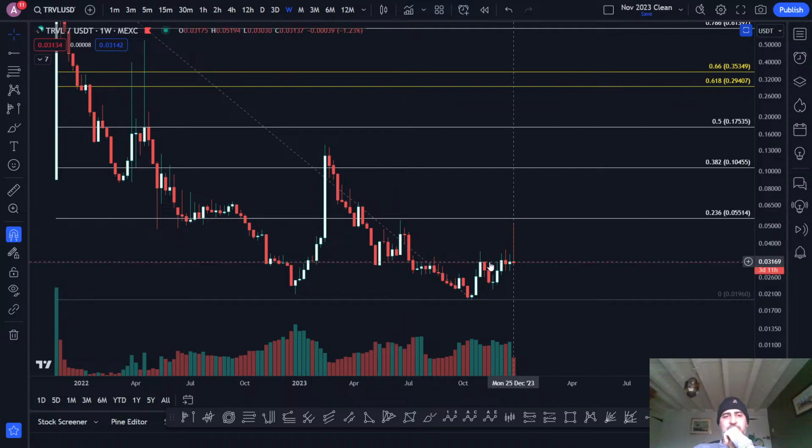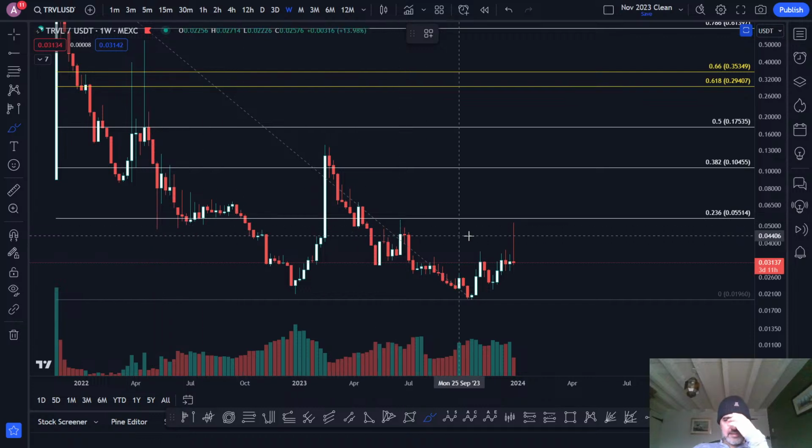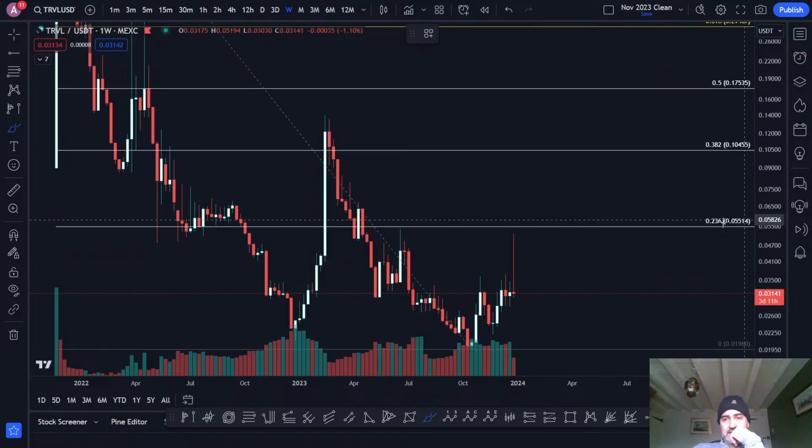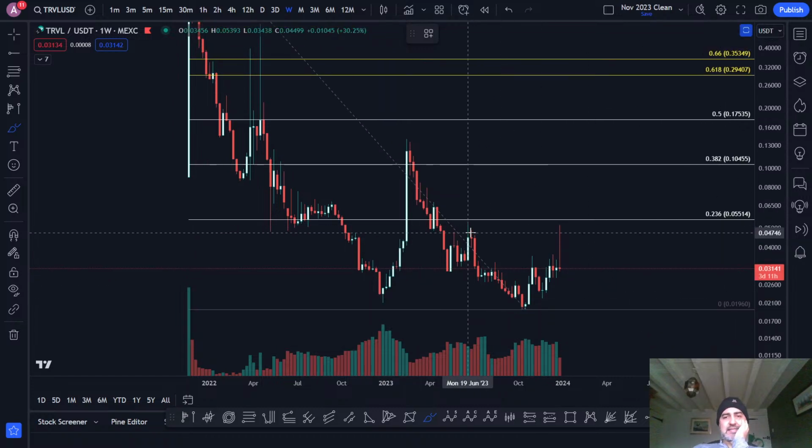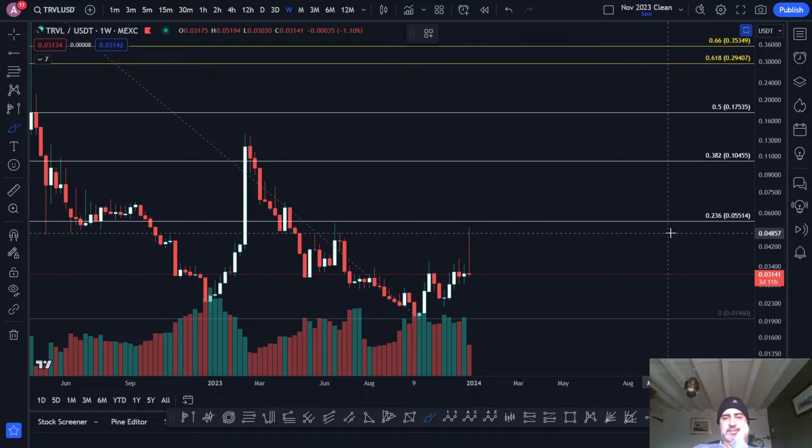That was a level of interest, and look how it corresponds with the lows of this range here. The liquidity on that pivot hasn't been taken yet, so this is still a level of interest right here. We're still in a level of interest, right?